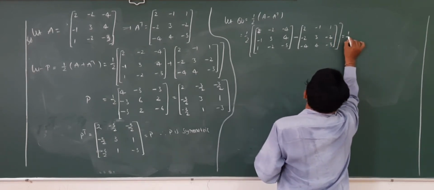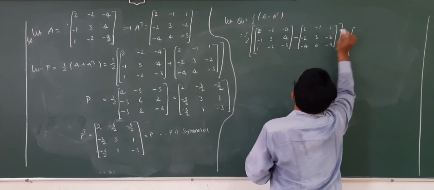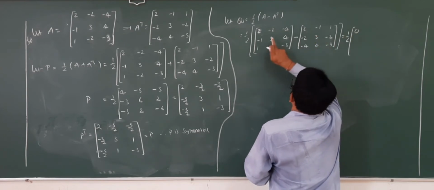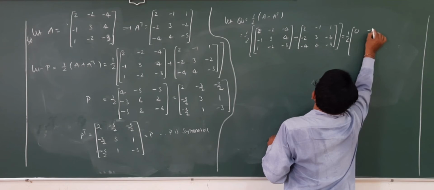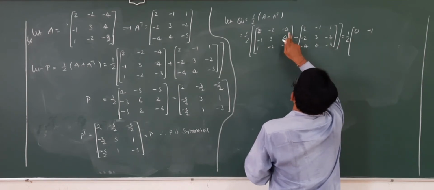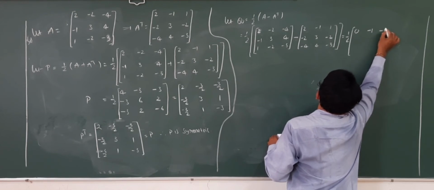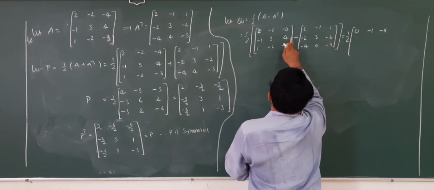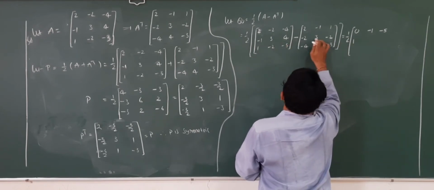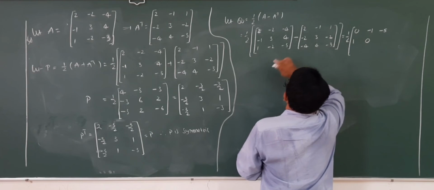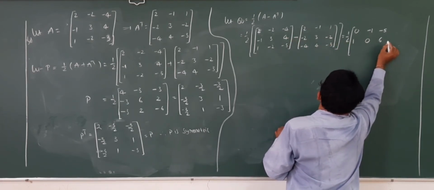Then this value is 2 minus 2, the value is 0, and minus 2 minus of minus 1 plus 1, the value is minus 1, and minus 4 minus 1, minus 5. Next, 1 minus of minus 2, the value is 1, 3 minus 3, value is 0, and 4 minus of minus 2, 6.